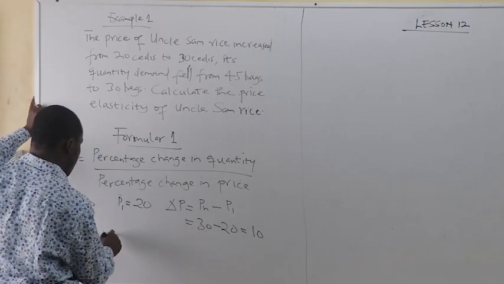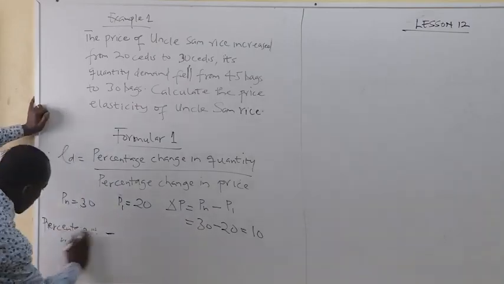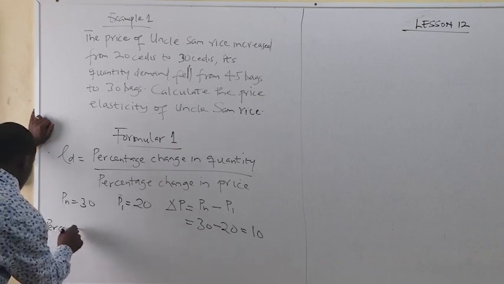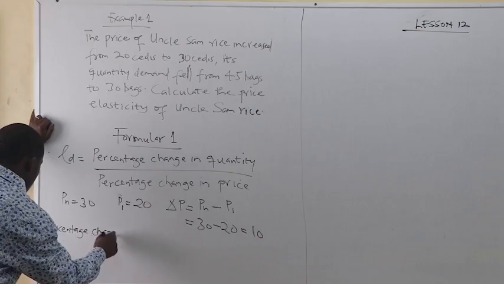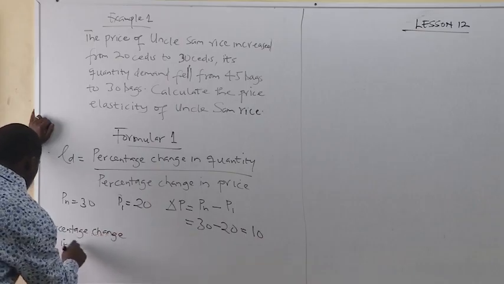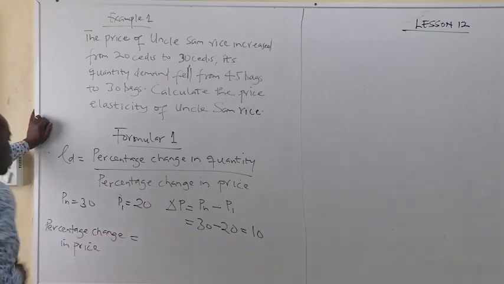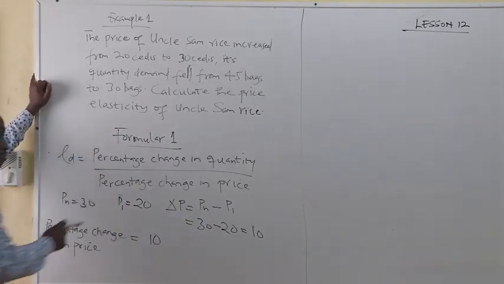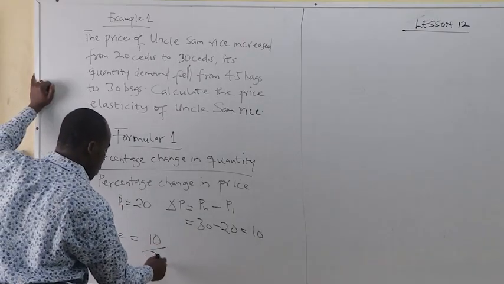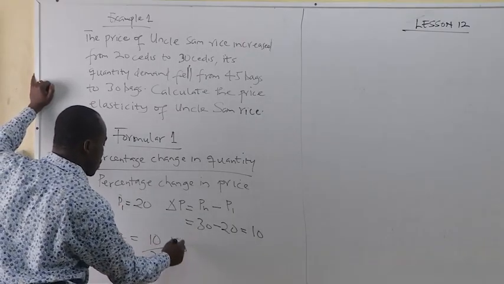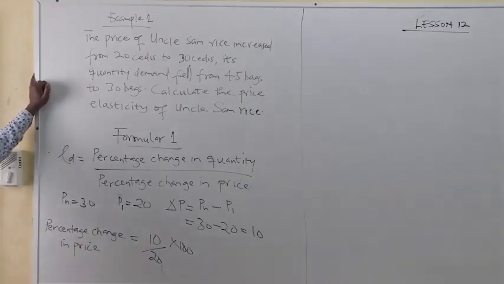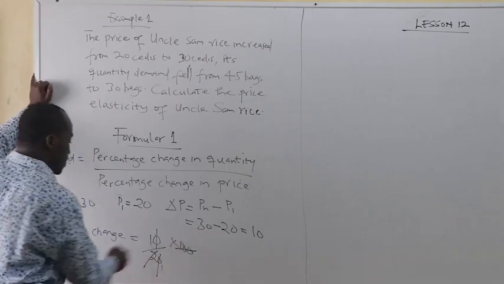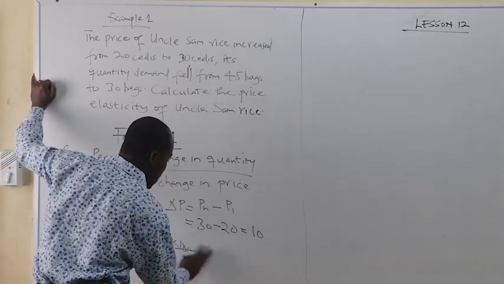The percentage change in price is equal to the change, which is 10, divided by the initial price, which is 20, times 100. So this cancels this. This cancels this. What do you get? You get 50%, right?